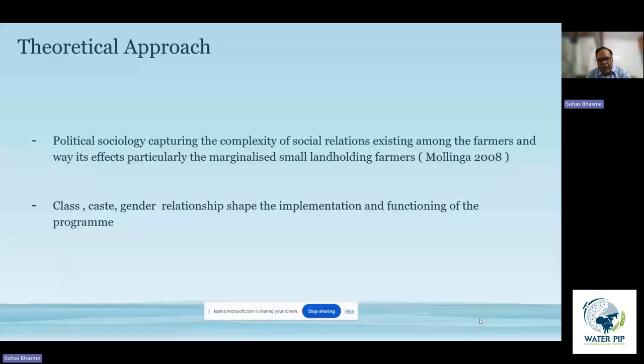And it also gives us an opportunity to understand the intersectionality of class and gender relationships in shaping the implementation of the program.